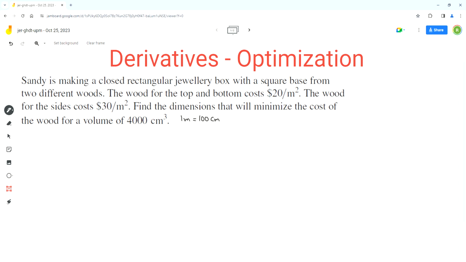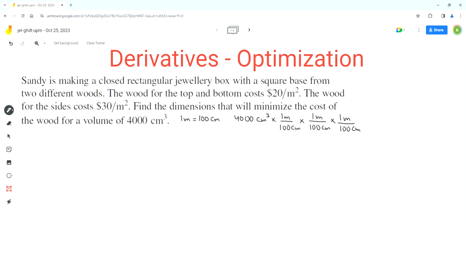So in order to convert 4000 centimeter cube to meter cube, we should divide it by 100 three times because of the cube on the centimeter. So we do 1 meter over 100 centimeter times another 1 meter over 100 centimeter times 1 meter over 100 centimeter.